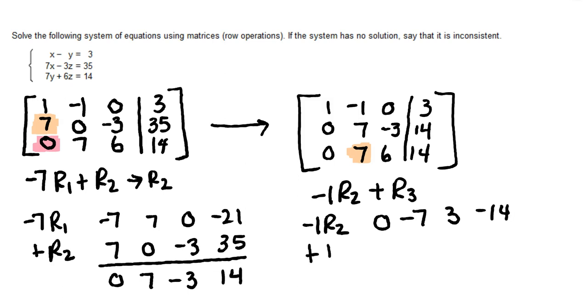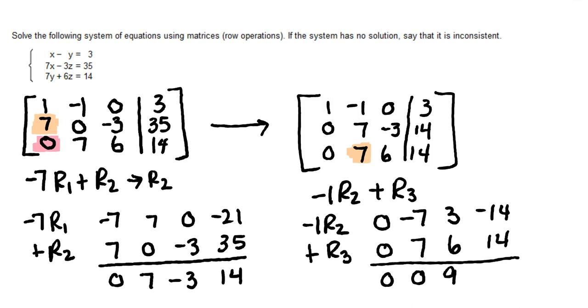I'm going to add that to row 3, which is 0, 7, 6, and 14. And to add those together, I would have 0, 0, 9, and 0. So this is going to be my new row 3.